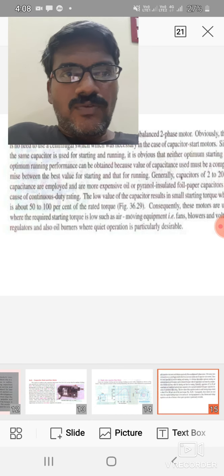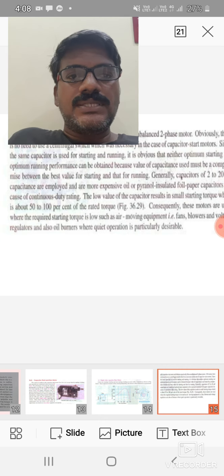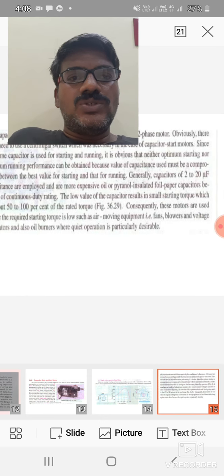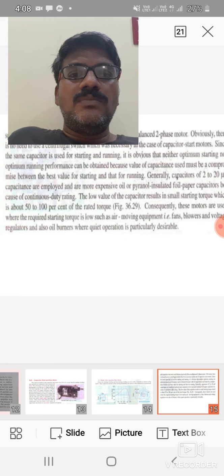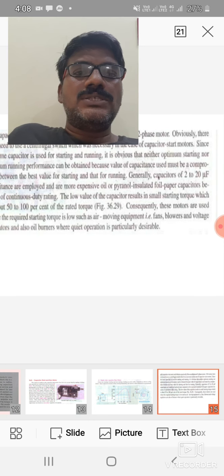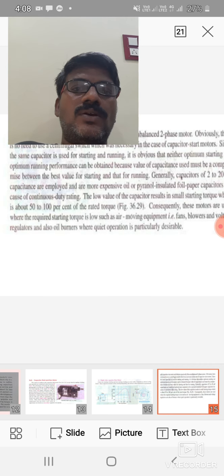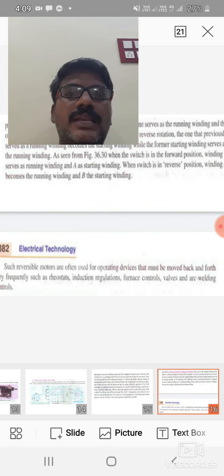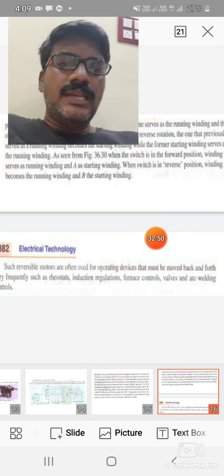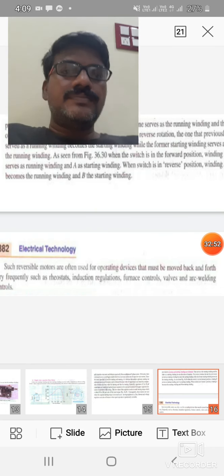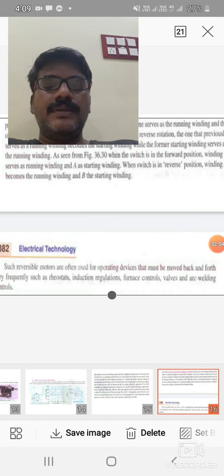So this type of capacitor start and capacitor run motor is used in fan blowers, voltage regulators and oil burners where quiet operation is desirable. Next.